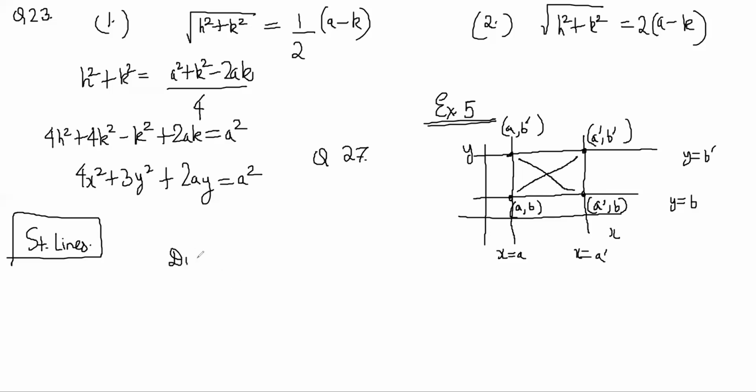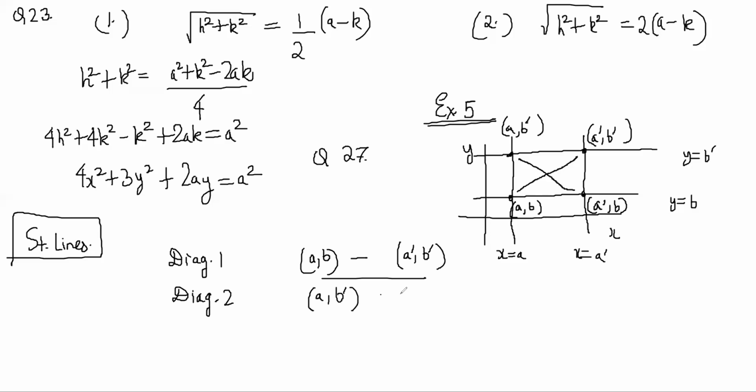First diagonal: (a, b) to (a dash, b dash). Diagonal 2 is what? Diagonal 2 is (a, b dash) and (a dash, b). So the two-point form, I will use this form.